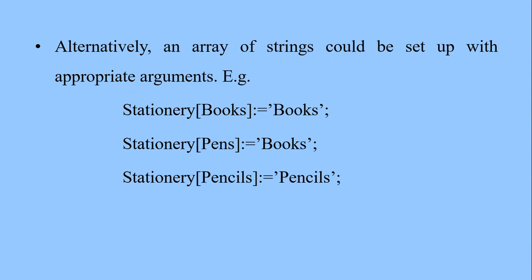Assign pencils in the memory location called stationary at the position for pencils. Assign rubbers in stationary at the position for rubbers. Therefore, stationary books is simply like saying stationary subscript 0. It is assigned the string books.